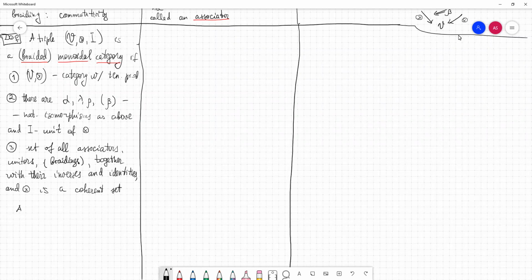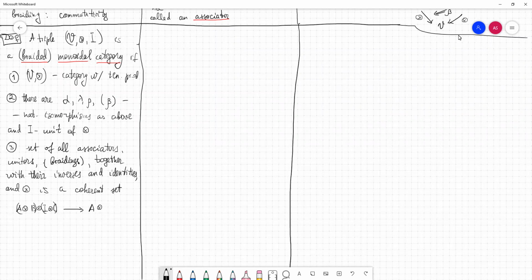So let's draw anything. I'm just imagining A tensor B tensor I tensor C. In this way, I'm putting parentheses, goes to A tensor I tensor B tensor C. No, I can directly do that.